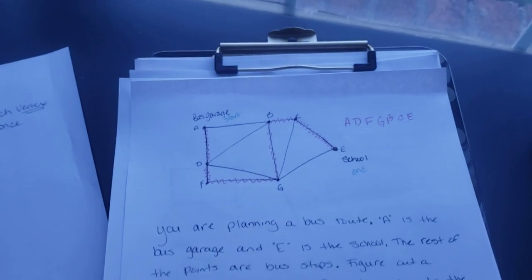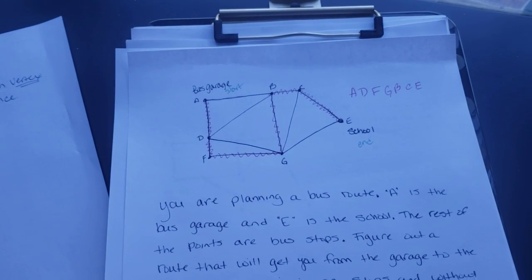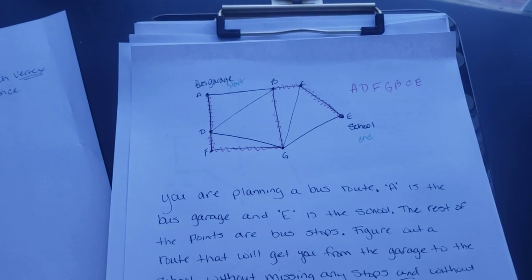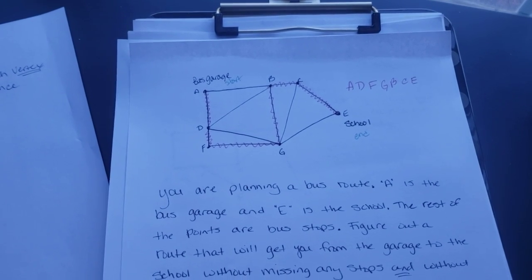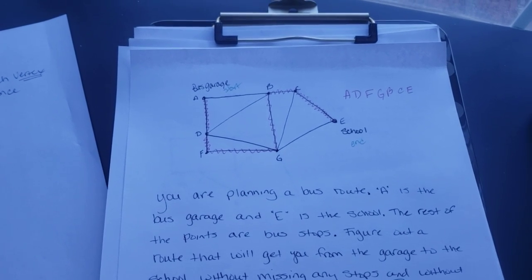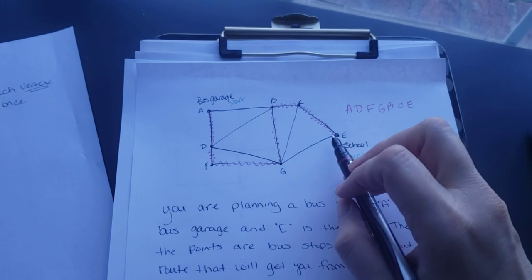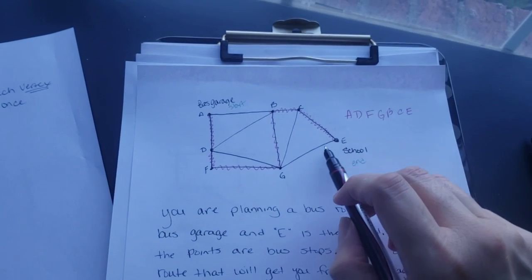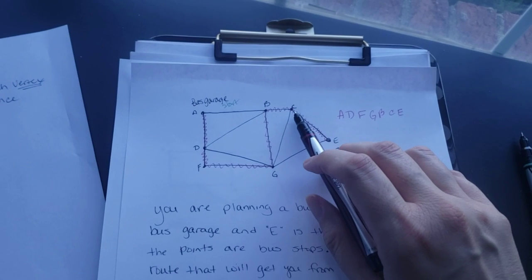Now, if I wanted to make this a Hamilton circuit, I would just have to get from the school back to the bus garage without duplicating any vertices. And really, from the school I could go down this way, but I would hit G again. Could go that way, but I would hit C again.